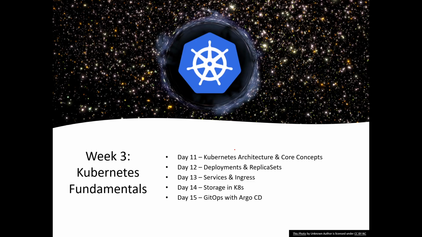What are deployments, pods, replica sets, services, ingress, how load balancers work, how networking is done in the Kubernetes architecture, what storage is in AKS, and plenty of other topics that we will discuss.